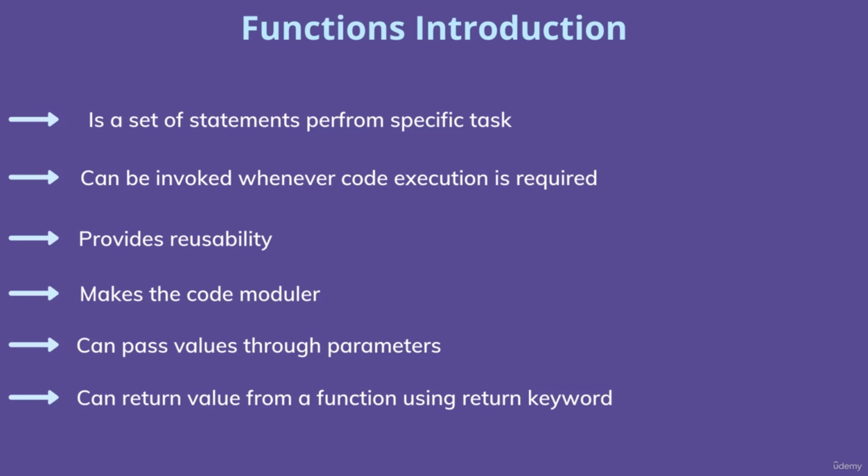For example, if I define a function which adds two numbers, 2 plus 4, it will always give me 6. But if I allow parameters in the function, every time I call that function, I can pass a different value.